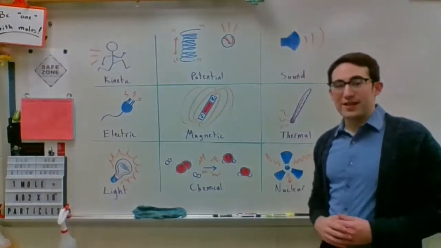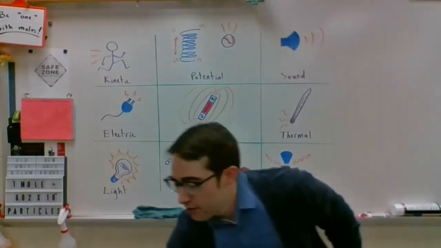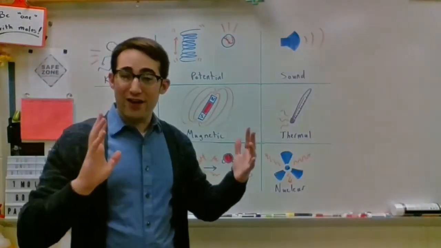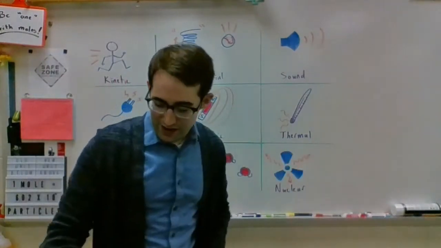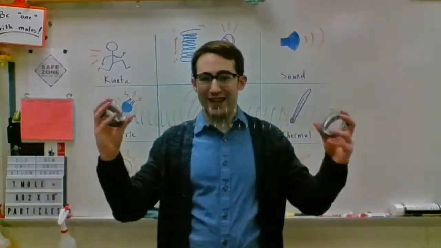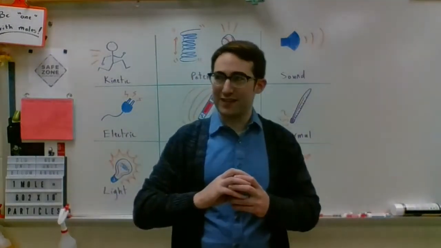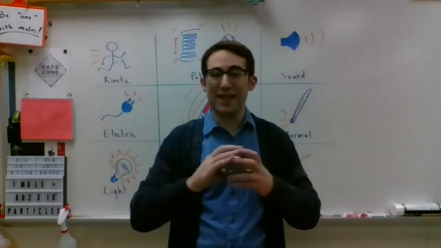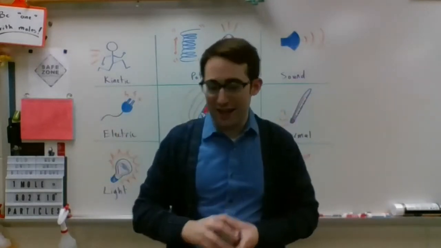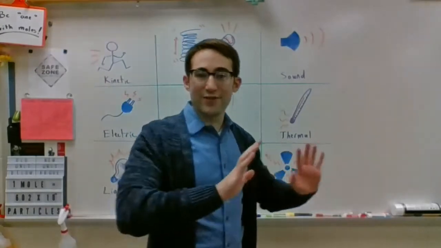Sound energy is a wave that has to travel through something. So it has to have some matter to push around. If you want to think of a wave with a spring, a Slinky, it's usually a compression wave that goes in and out, and it's got to have stuff to push.